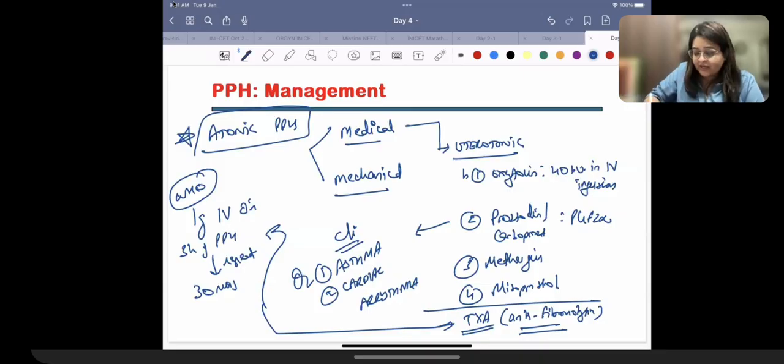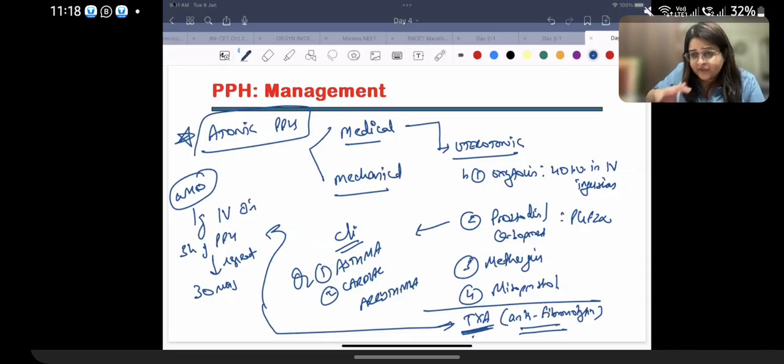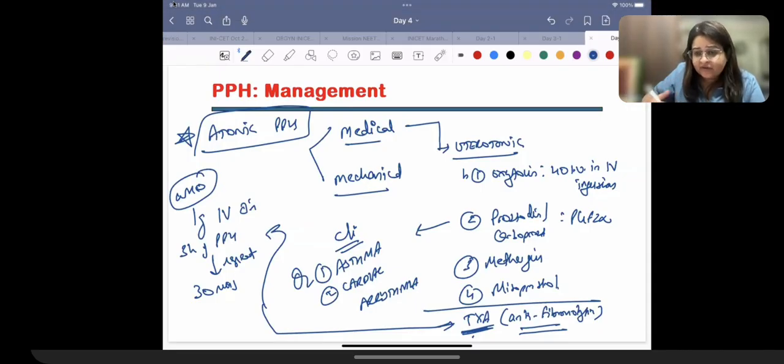Also remember, tranexamic acid is not only for atonic PPH, it can be used for any cause of PPH. It is helpful in traumatic PPH also. Let me repeat tranexamic acid: 1 gram IV within 3 hours of birth, if a patient is bleeding, and a repeat dose can be given after 30 minutes.